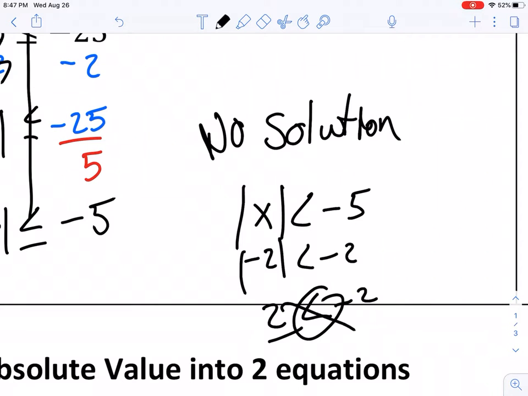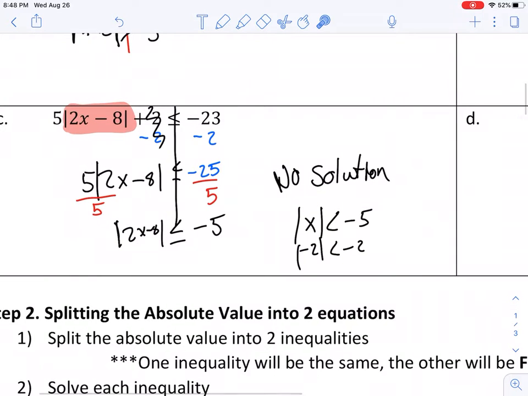This is not true. And that's for any number that we put in here, it ends up becoming positive, and that creates an incorrect statement. So that's why there's no solution when it's less than.